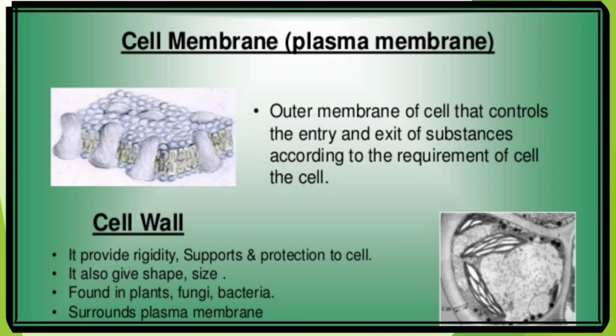Only this membrane, this layer, this cover will decide. That's why this is called cell membrane, or plasma membrane. Another one is the cell wall. Cell wall provides support to the cell. It also provides support to the plasma membrane, and it can be found in plants, fungi, and bacteria.